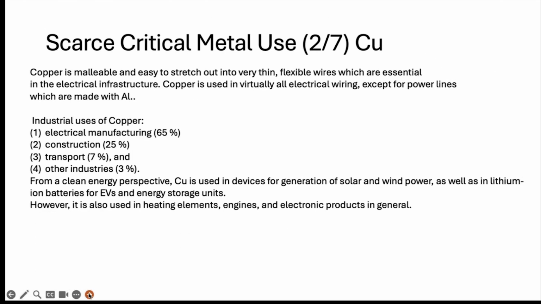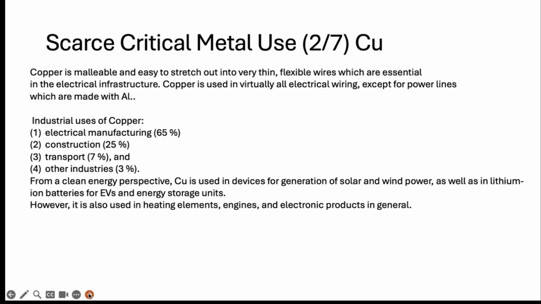So scarce critical metal number 2 is copper. Copper is a very important metal. It's malleable, easy to stretch out into very thin, flexible wires, which are essential in electricity. Copper is used in virtually all electrical wire, except for power lines, which are mostly made up with aluminum.